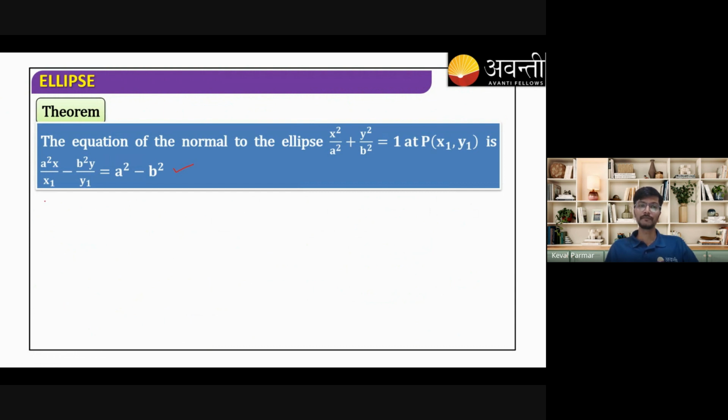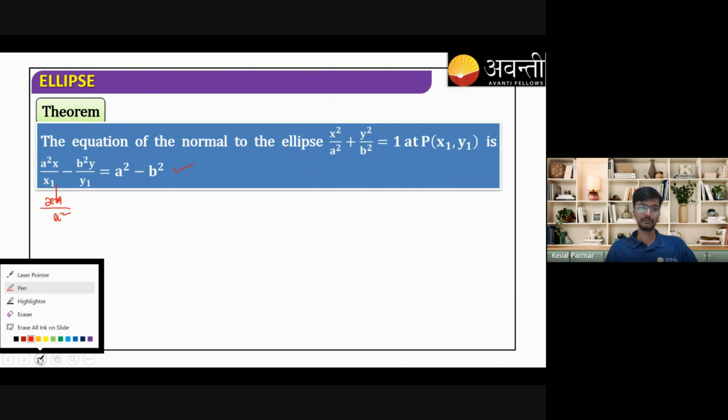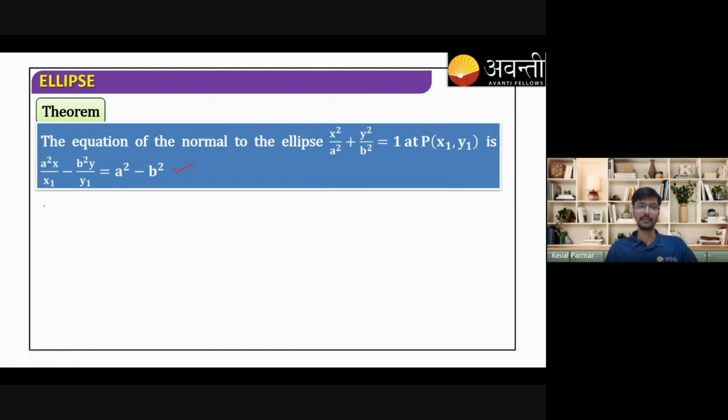It was x x1 upon a square plus y y1 upon b square equals to 1.